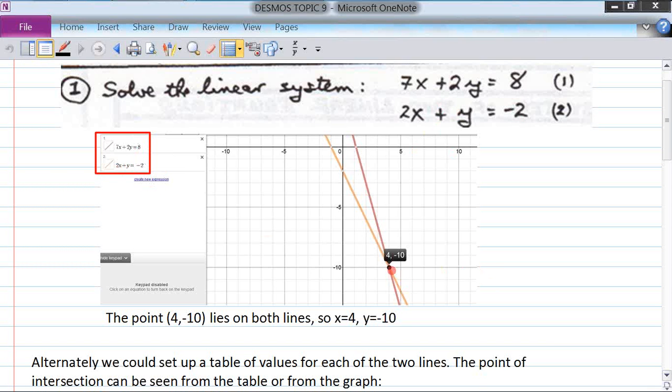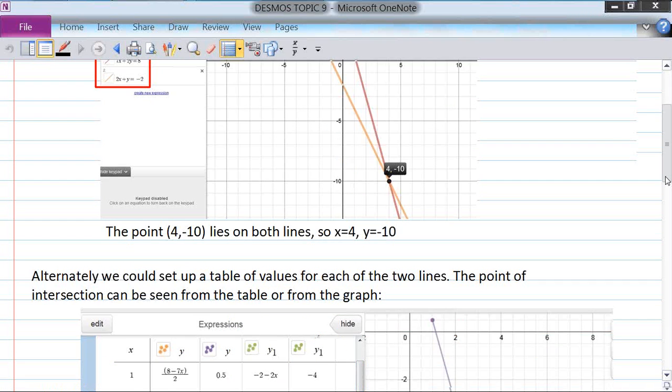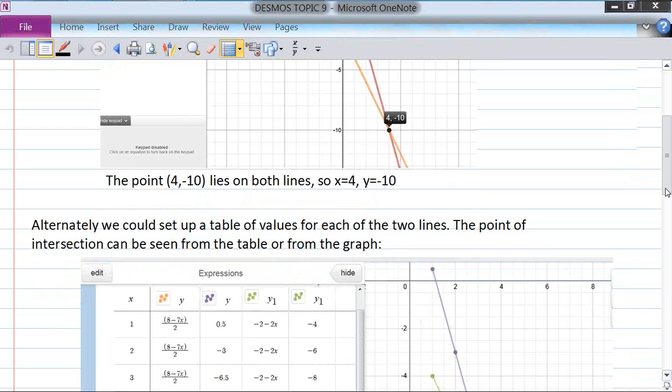We get two lines. We click on the point of intersection. So the point x equal to 4, y equal to minus 10 is common to both lines and is the solution for x and y.